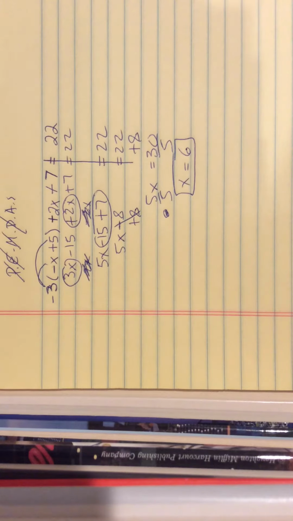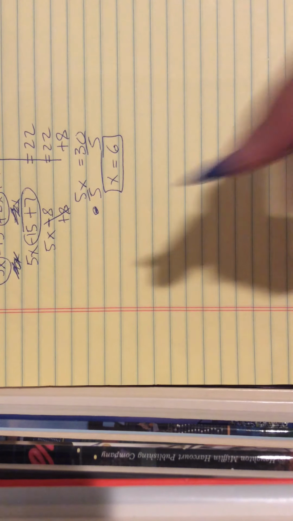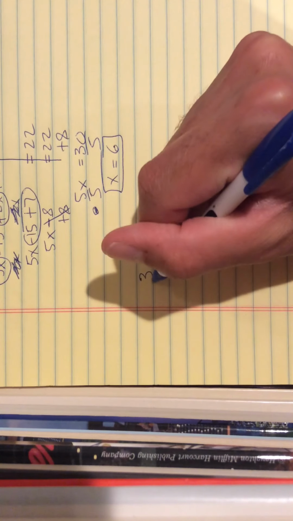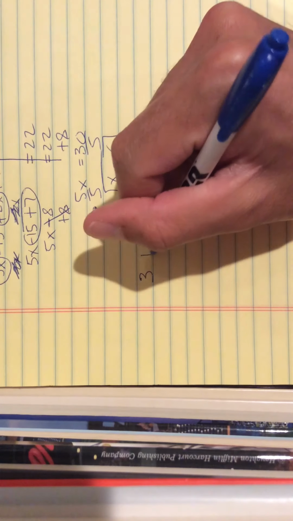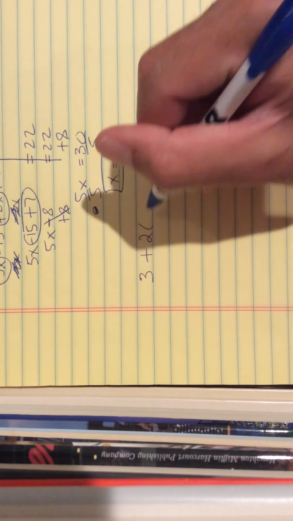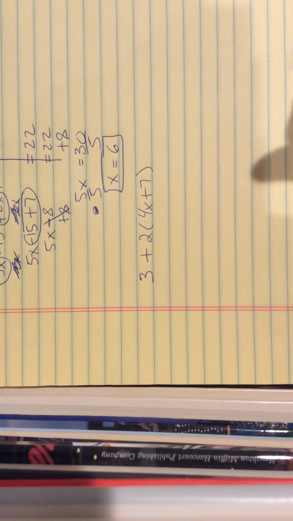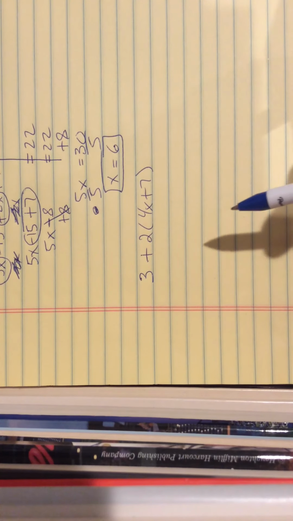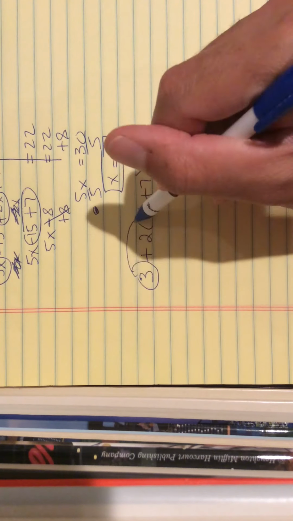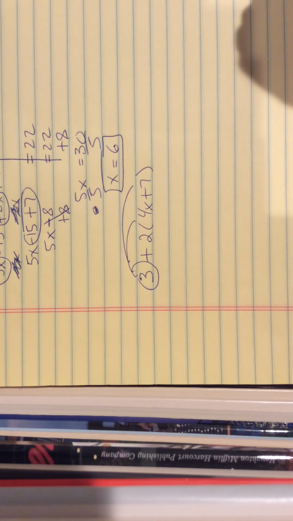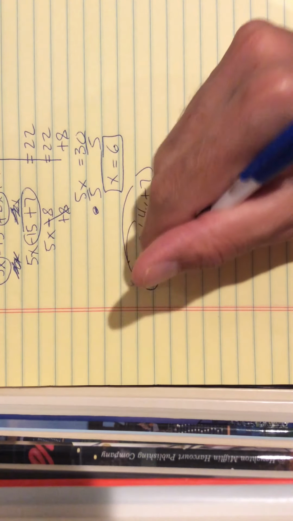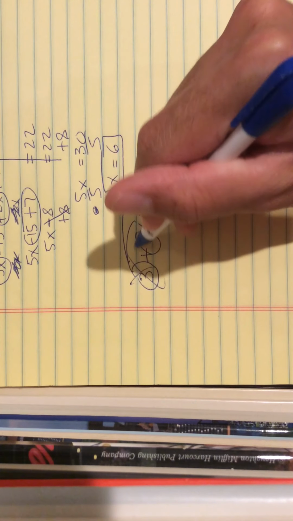One more example, just to make sure we're good on this. We had some troubles with this earlier on in the fall. So if I had 3 plus 2, parentheses 4x plus 7, in the fall, the big mistake was people distributed the 3 to both. That's incorrect. We cannot distribute the 3. Please don't do that. I'm going to distribute the positive 2.